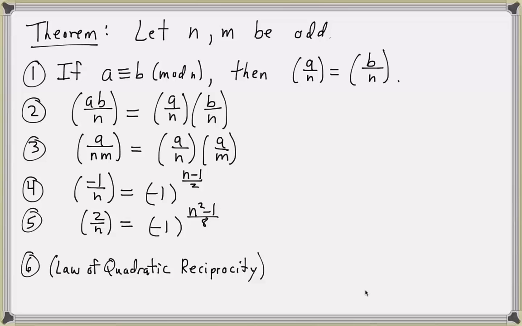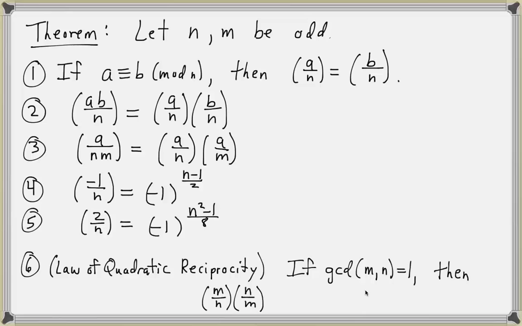So we have that if the greatest common divisor of m and n is 1, so m and n are relatively prime, then the Jacobi symbol m over n times the Jacobi symbol n over m will still equal negative 1 to the m minus 1 over 2 power times n minus 1 over 2 power.